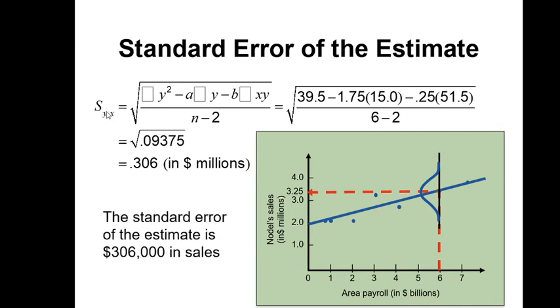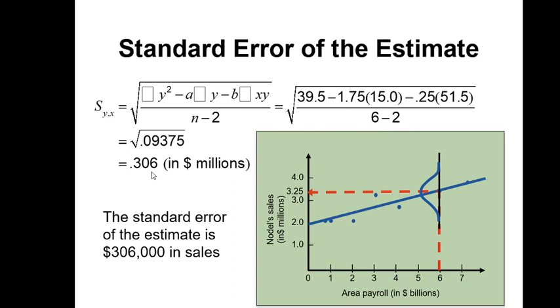You see, this formula is easier. The sum of y square, we know it already, minus a multiplied by the sum of y. It's already there in our question, it's given. We know already b, and the sum of xy, we know it already. So we only substitute those numbers, and we will have a standard error of estimate.